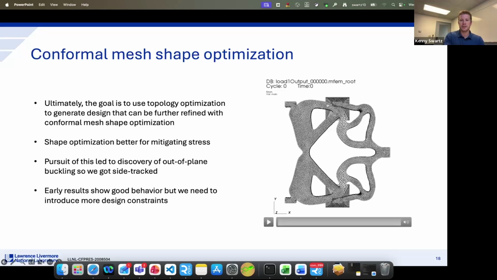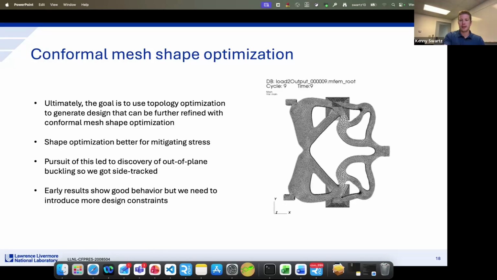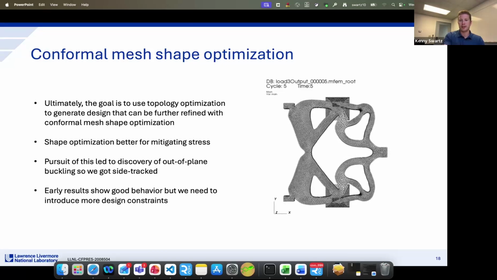This was just a sample I ran where you can see that the optimization gave me this shape, but the structure started intersecting with itself. But since there's no contact in the model, it doesn't see that, so it makes an unrealistic structure. But we think we have a handle on how we can implement these constraints to avoid this type of contact. And then we hope to use this technique to make these gates actually work a lot better.